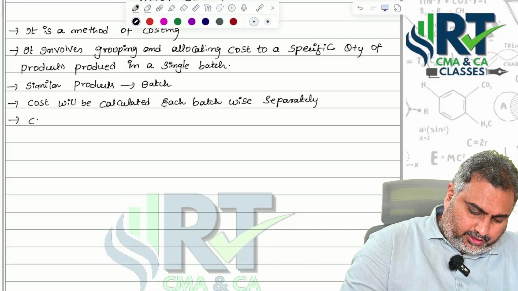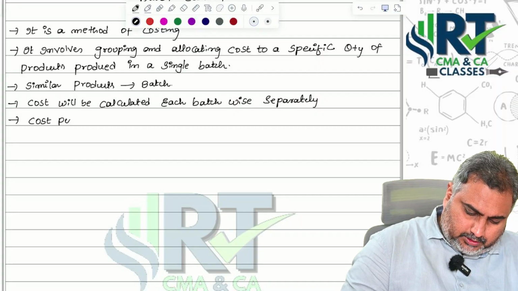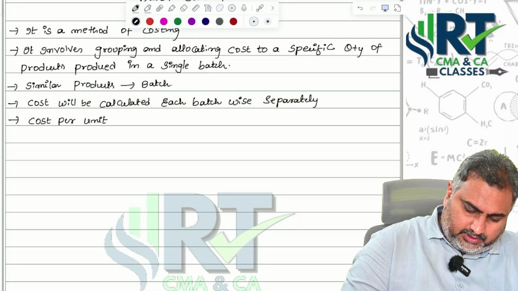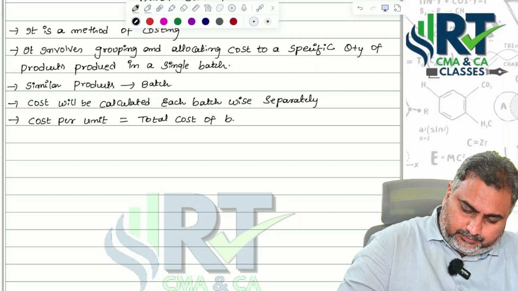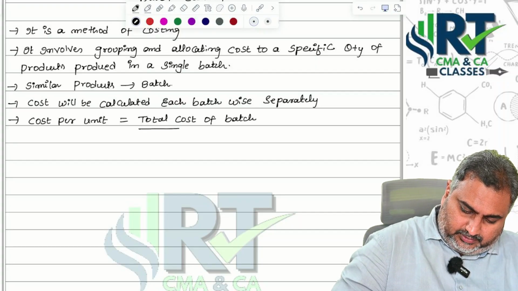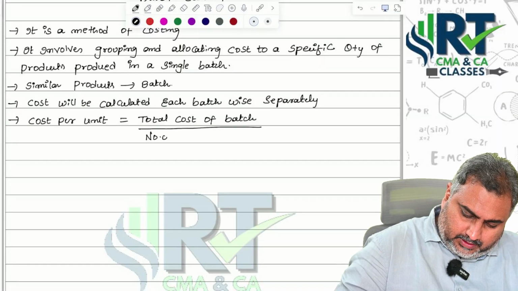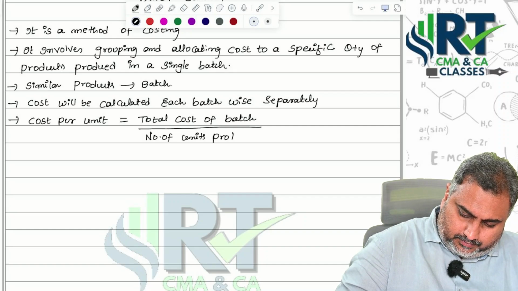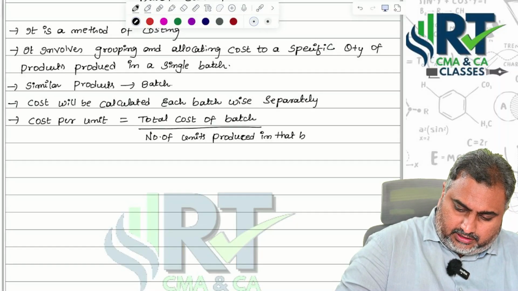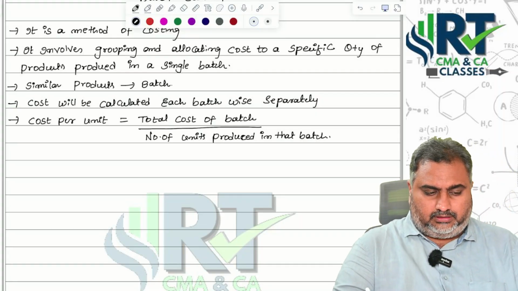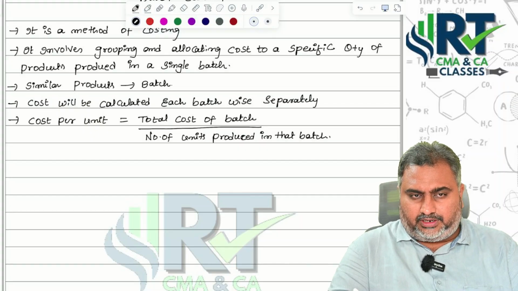At the end you will calculate cost per unit. How to find that out? Total cost of batch divided by number of units produced in that batch. This is where we calculate cost per unit itself.